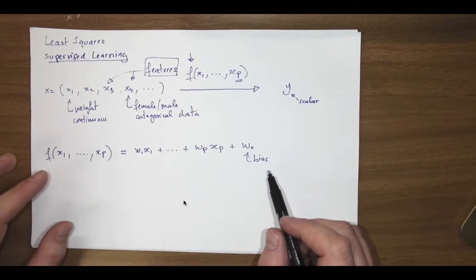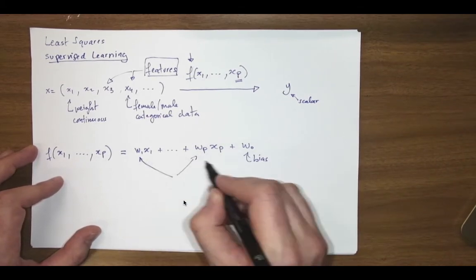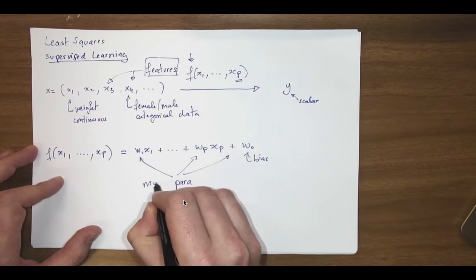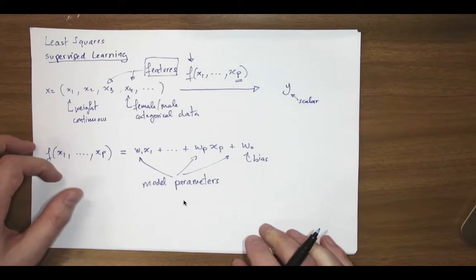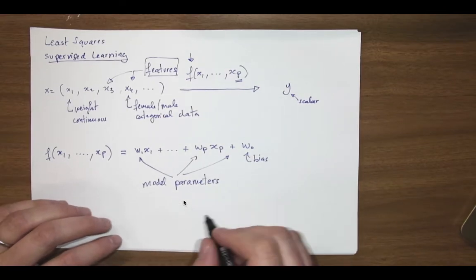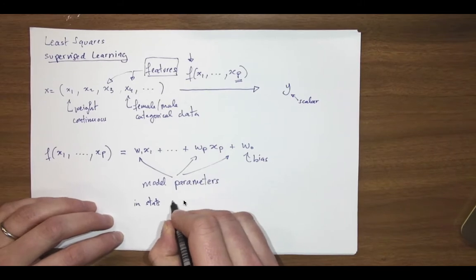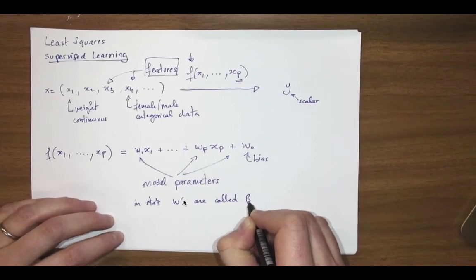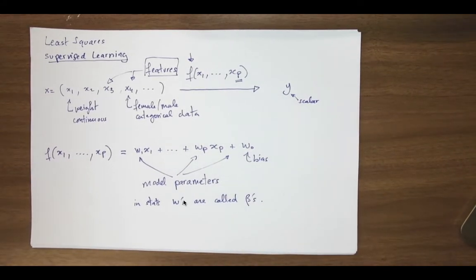Your W's are your model parameters. In statistics, these are usually called betas; they use the Greek letter beta for denoting these parameters.